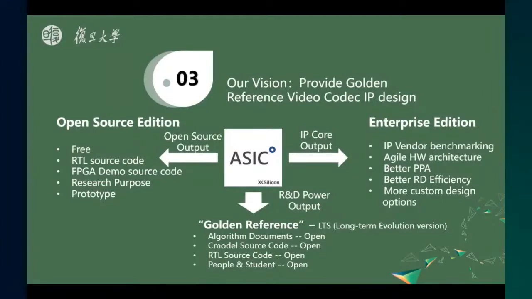We call it a golden reference for industries. So we can open our algorithm documents, the C model source code, the RTL source code, and also send people and students to industries. So in this way, we can help companies to build their R&D power in codec designs.